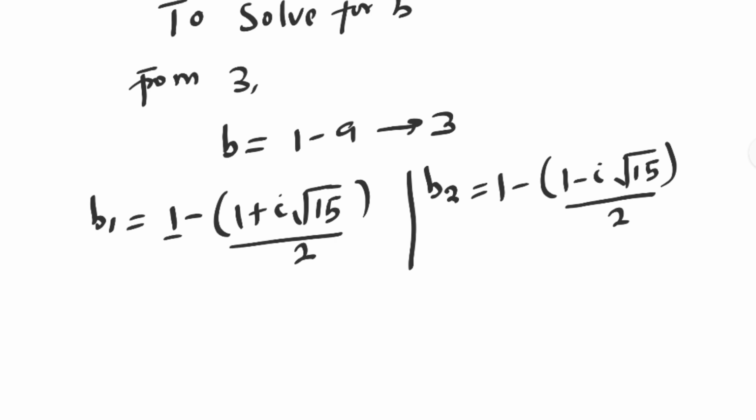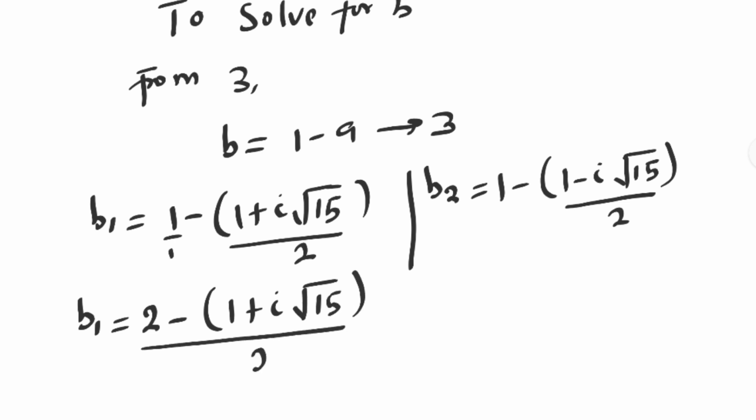Then from here, this is over 1, the LCM is 2. B1 is equal to 1 times 2, that is 2, minus 1 plus I root 15, all over 2.